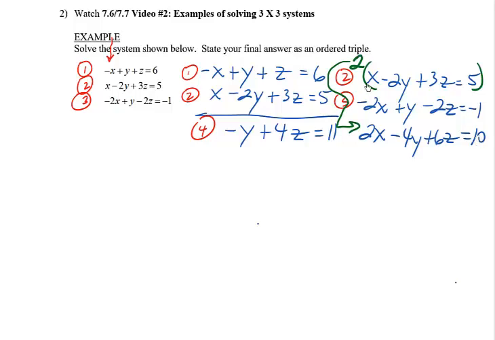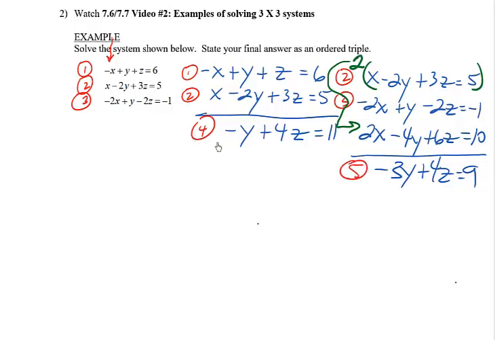I just multiplied every single part by 2, and now I can add these two equations together. The x's drop out. I get negative 3y plus 4z equals 9. Every little sign and all that matters, of course. You've got to be real careful with these problems. This is now equation 5.